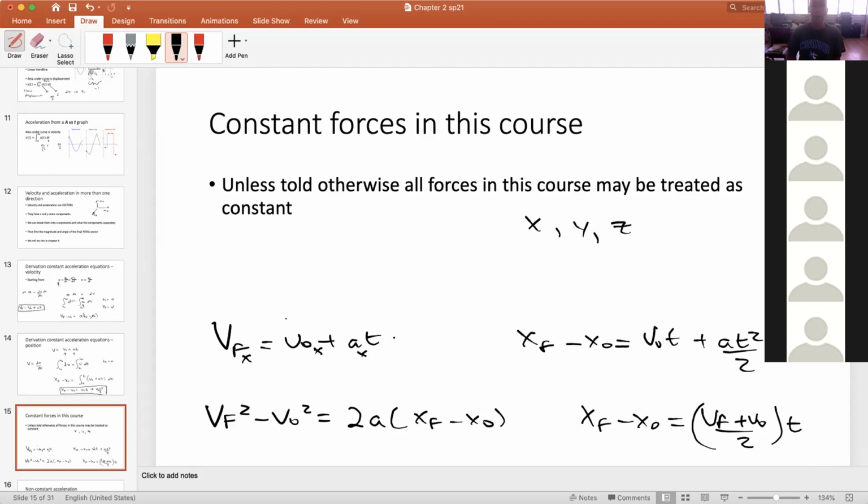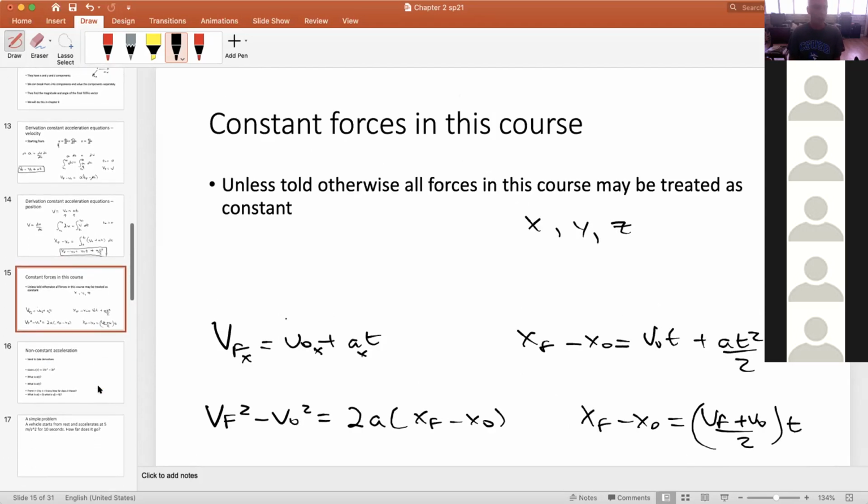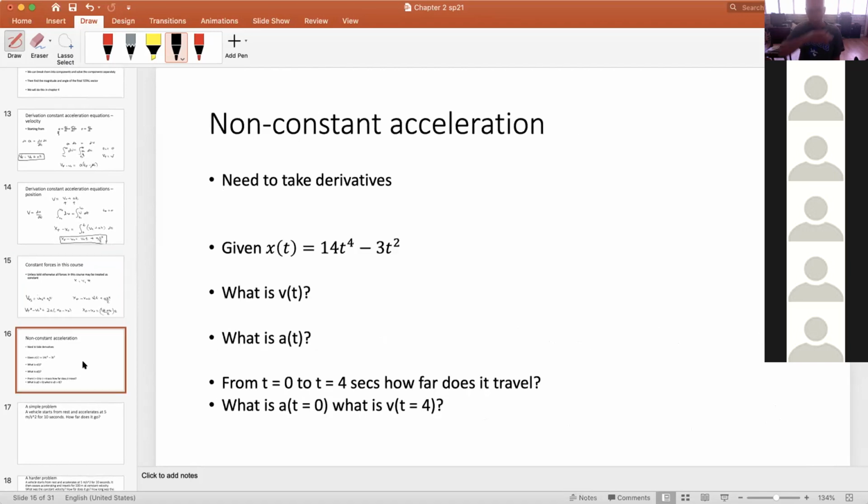Some of you may have learned the parabolic motion equations where you have negative g in here. And I have to break you guys of that habit. It's going to be one of the hardest things for some of you. We'll get there when we talk about free fall, but there's a negative sign and some of you have learned them and it's so hard to unlearn.